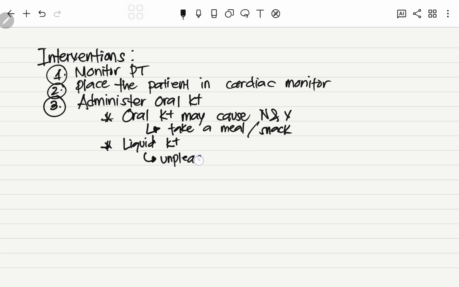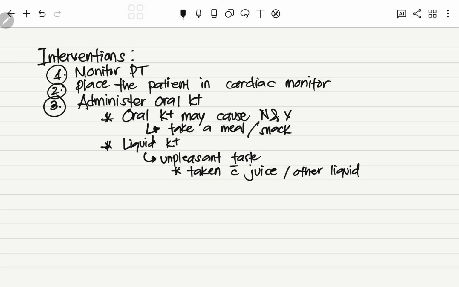So what is the best nursing action to get rid of the unpleasant taste of your potassium chloride? It has to be taken with juice or other liquid. So ito po yung ginagawa natin, no? So we need to take this one with a juice or another liquid. So we need to remember this one.